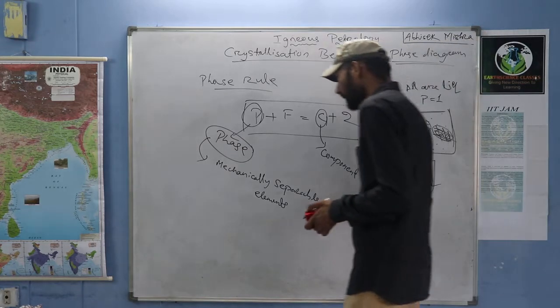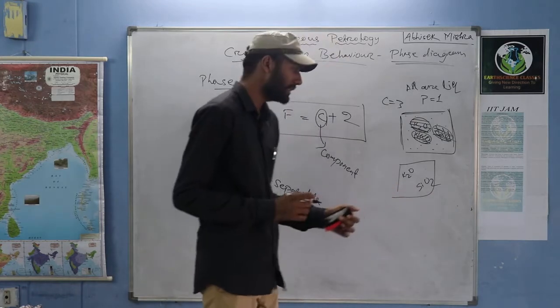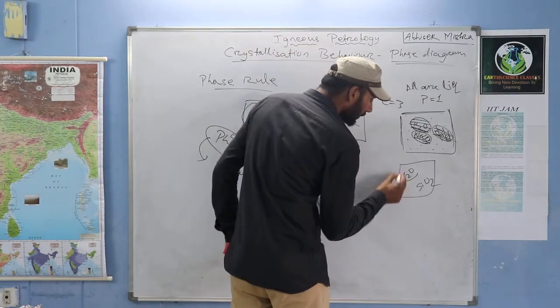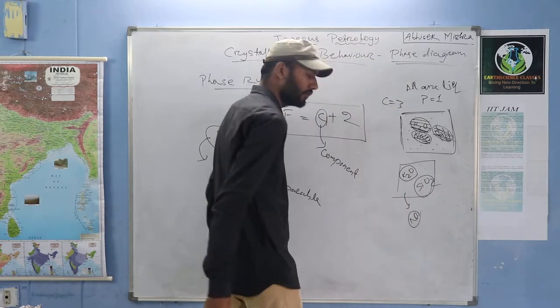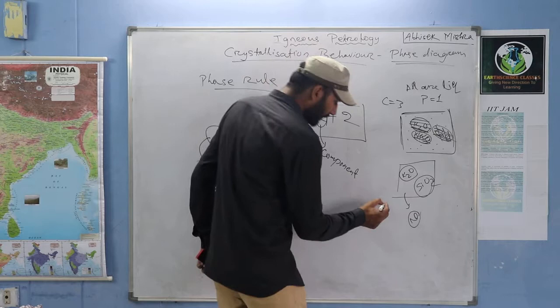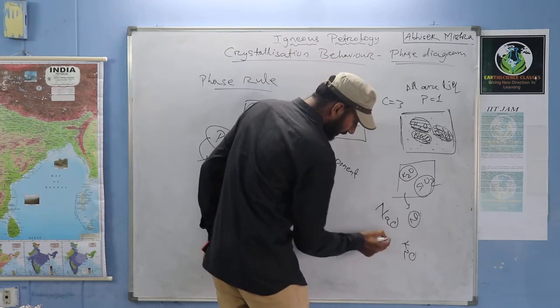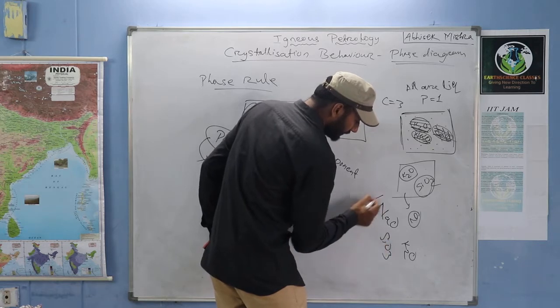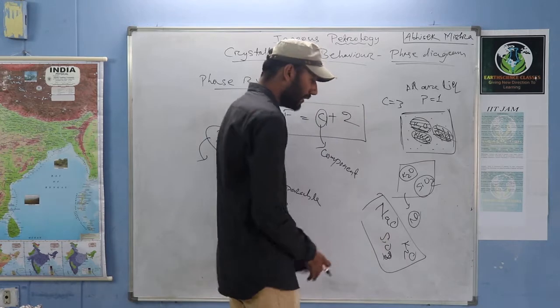Okay, in this melt there is potassium oxide and silica. So the number of components will be 2. Right? If I am considering sodium oxide, potassium oxide and silica inside the melt, all are in liquid phase.